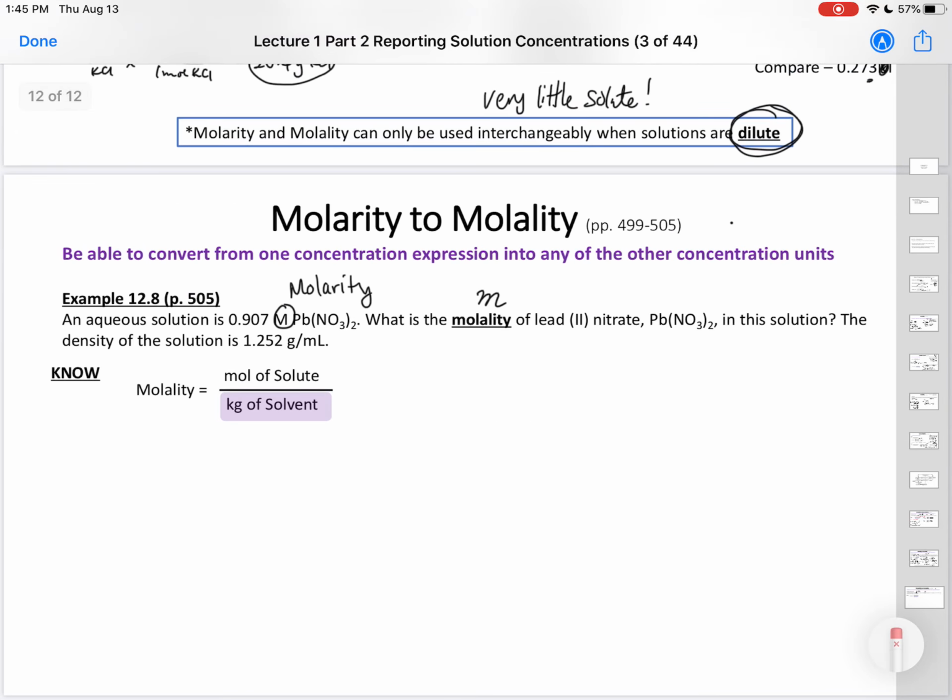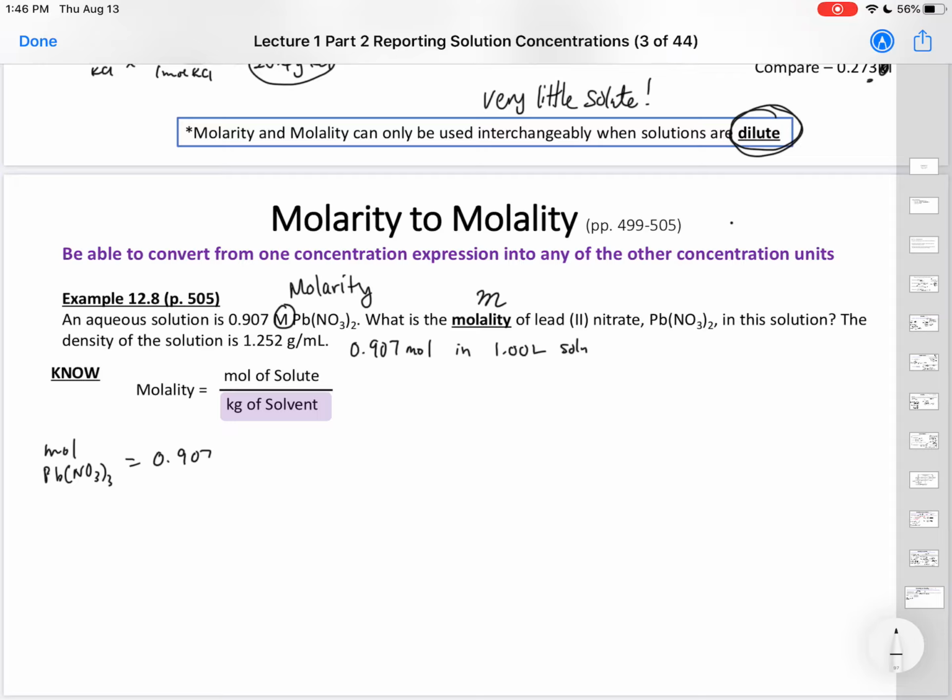If you have 0.907 moles per liter, you really have 0.907 moles of the lead nitrate in 1 liter of solution. So do we know what the moles of the solute, in this case the lead nitrate, is? Sure.